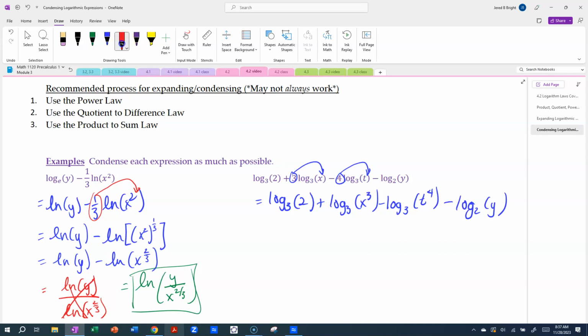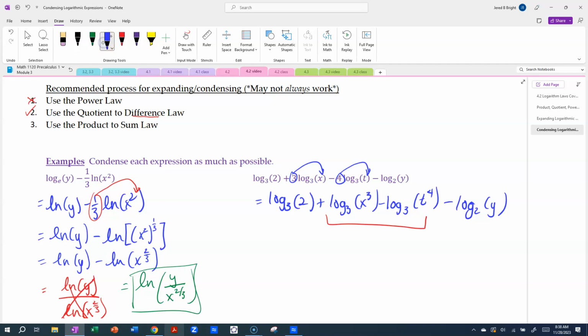Next, do I have any more powers? No. Do I have any more quotients and differences lying around? I actually have a few differences, so I'm going to use this one next. I have one here, and then I have another one that follows. If I have differences, I want to combine them. I kind of want to do it one at a time.